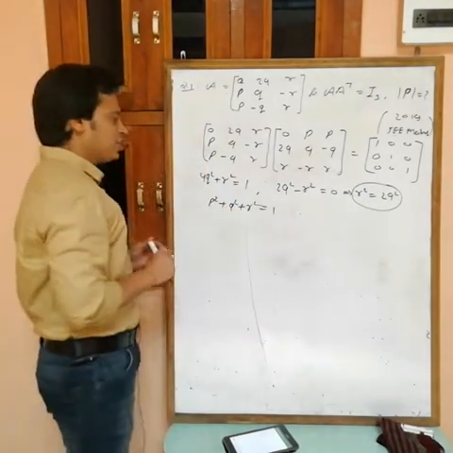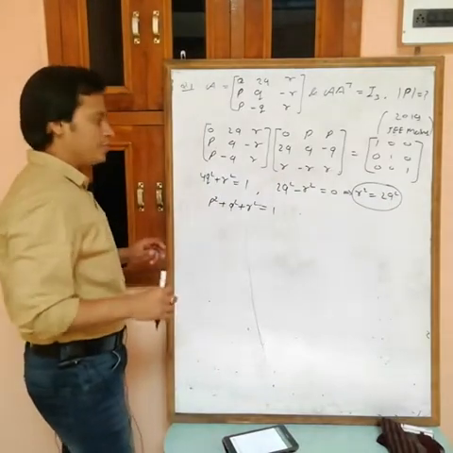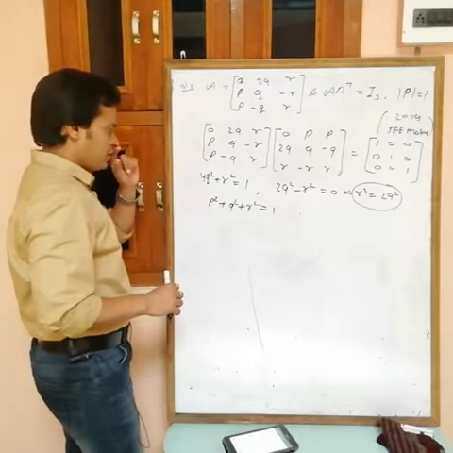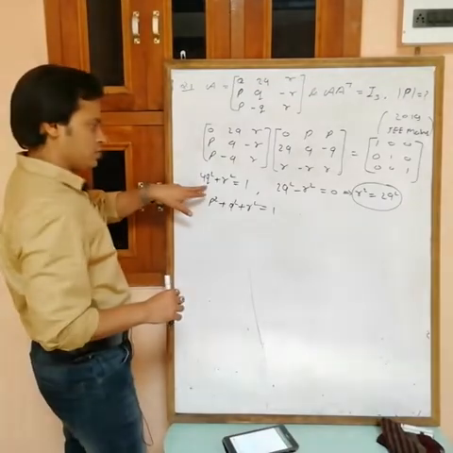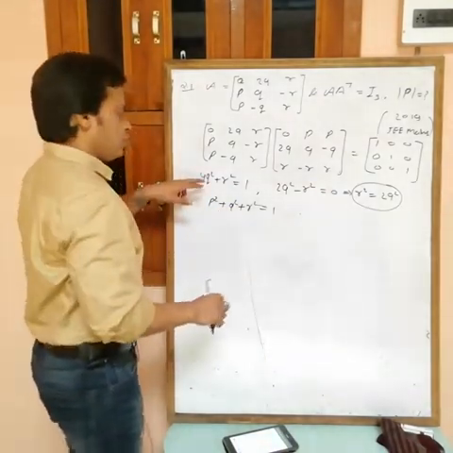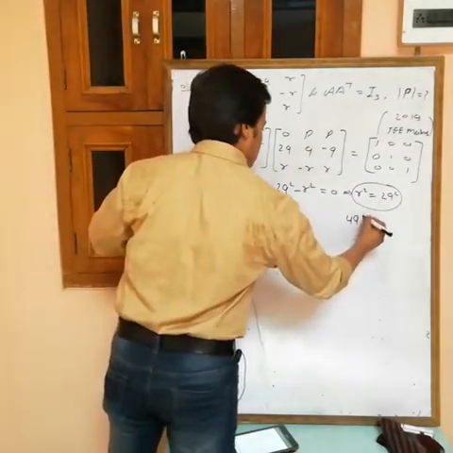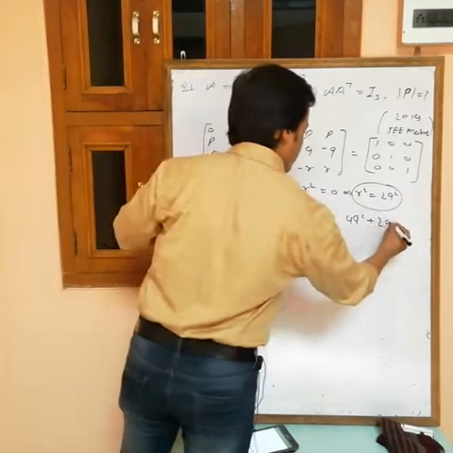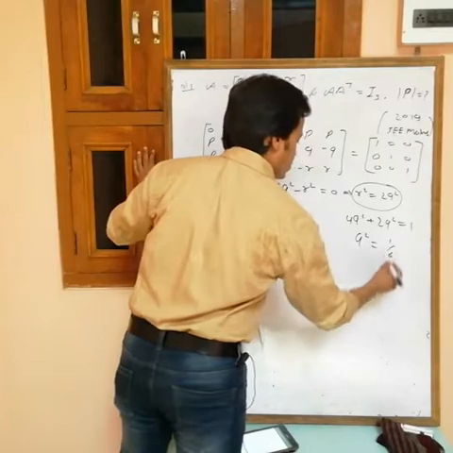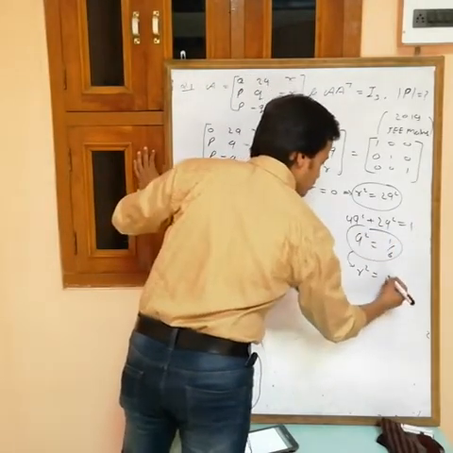Now it is given that r square equals 2q square and we want the value of p square. Putting r square equals 2q square in 4q square plus r square equals 1, we get 6q square equals 1, so q square equals 1 by 6, and r square equals 2q square, that is 1 by 3.